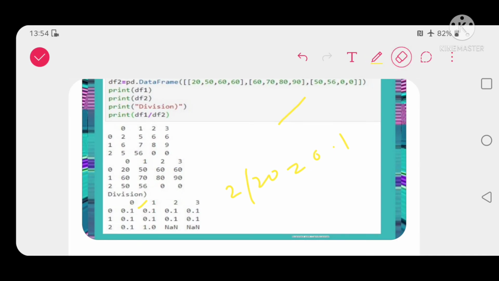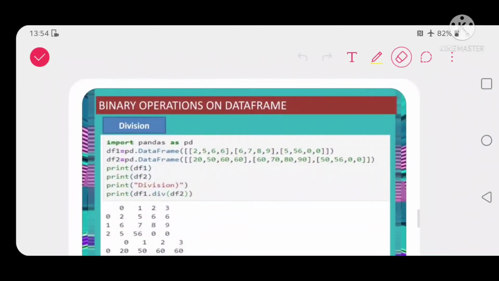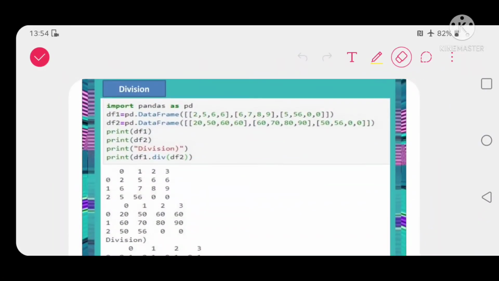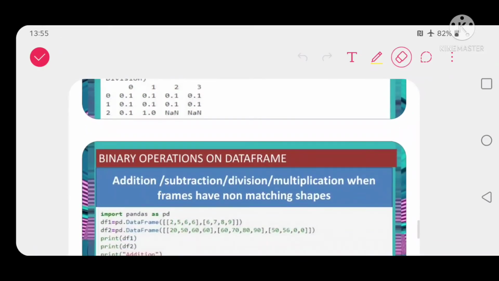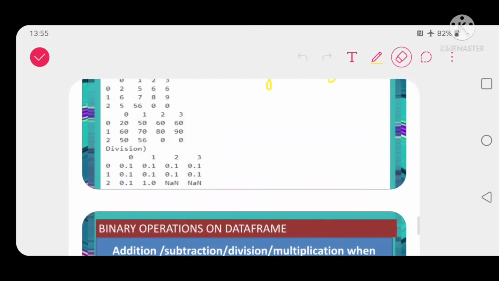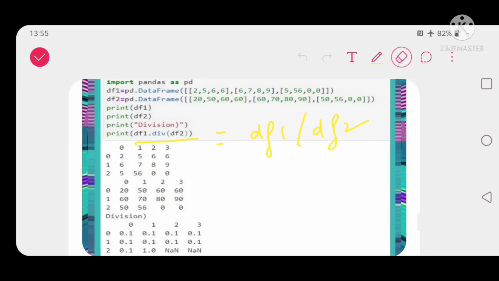Next, for division we have the function div: df1 dot div df2. We can write the corresponding expression. This expression is equivalent to df1 slash df2. Clear? Next, reverse division we also have, rdiv.